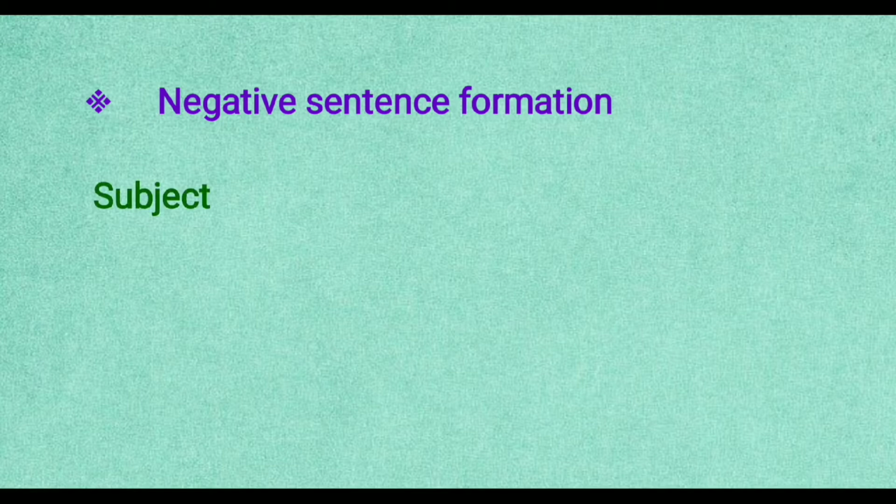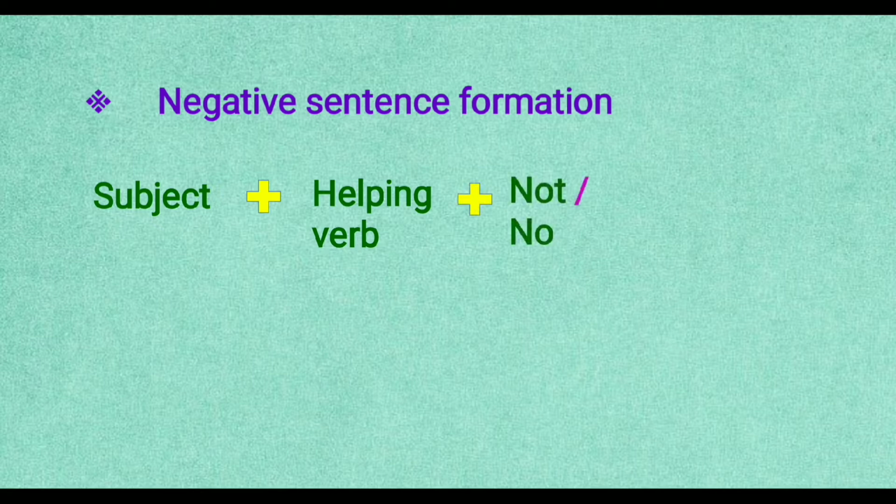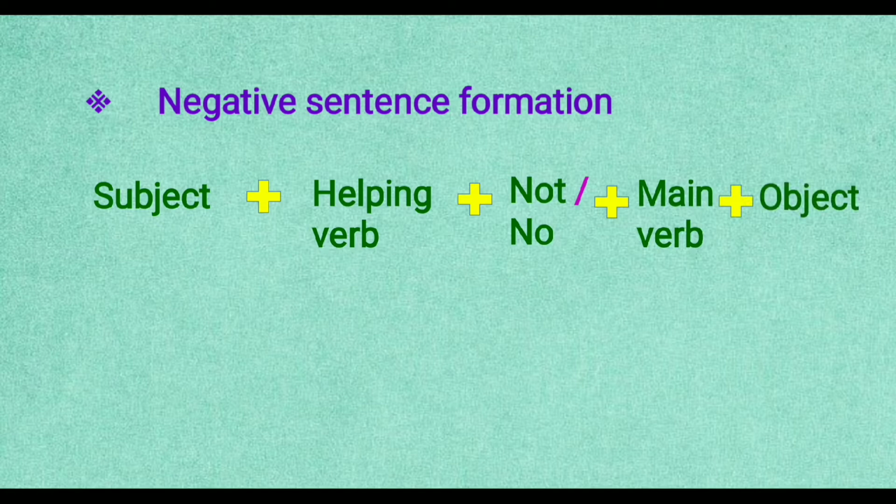So let's see and revise it. Subject, then helping verb, then no or not, then main verb, and then object. So these 5 parts we need to make a sentence in a negative form.